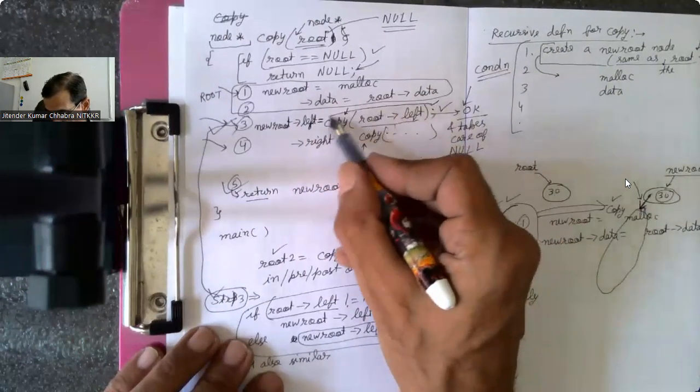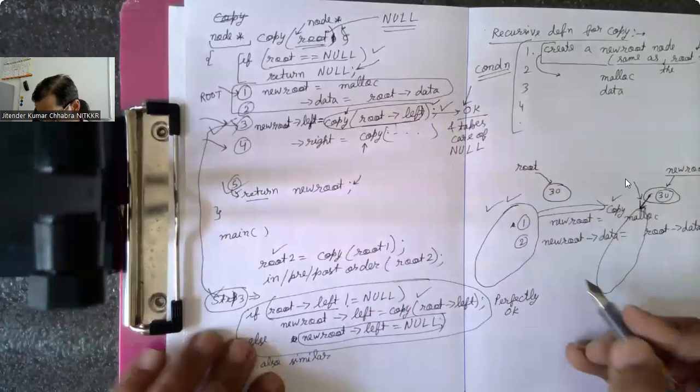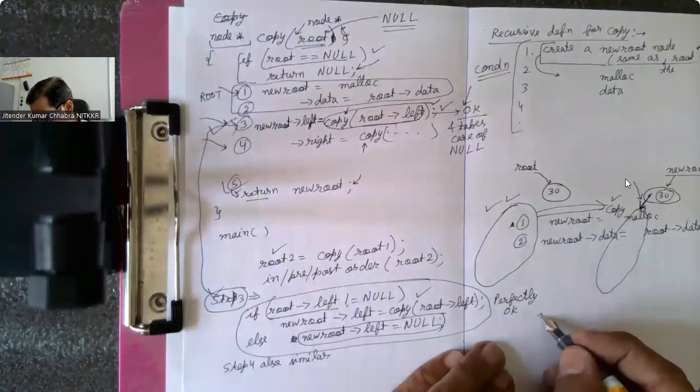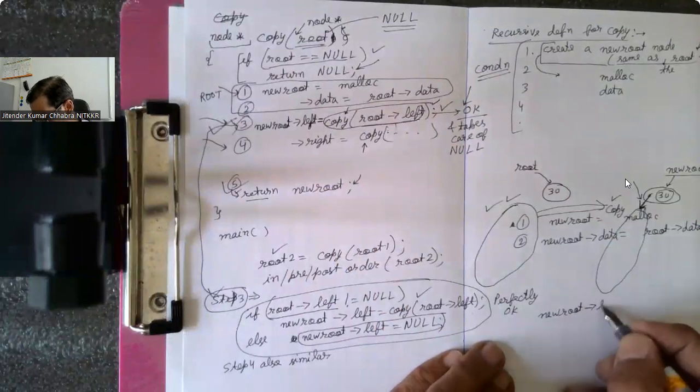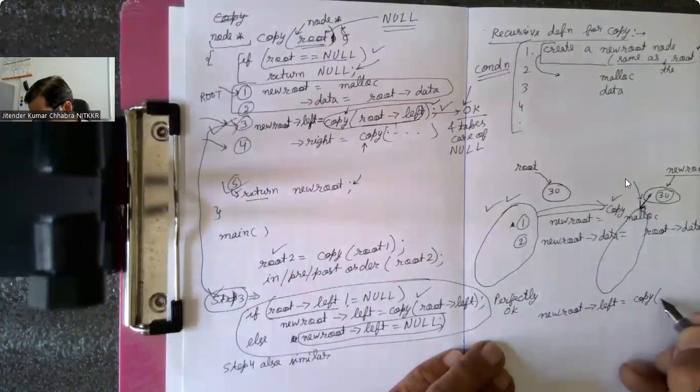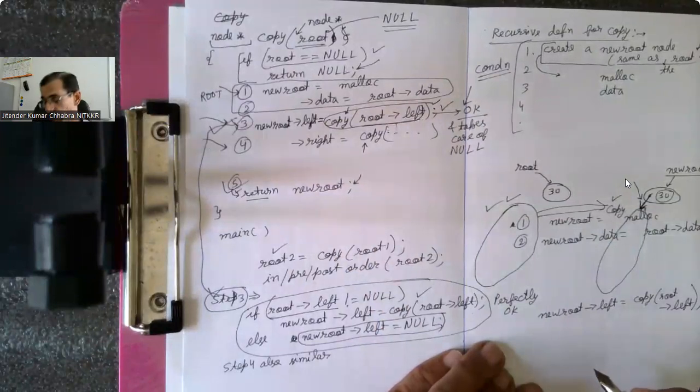So this call, when I wrote new root arrow left equal to copy root arrow left, I wrote this call.